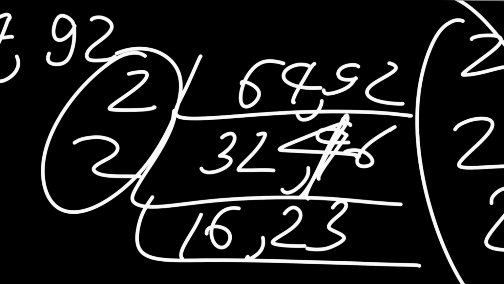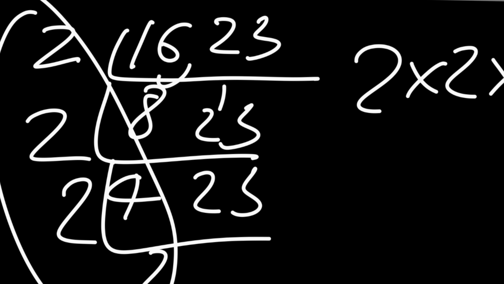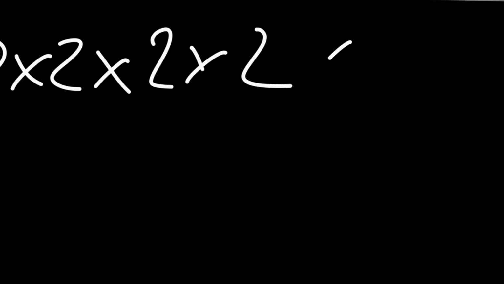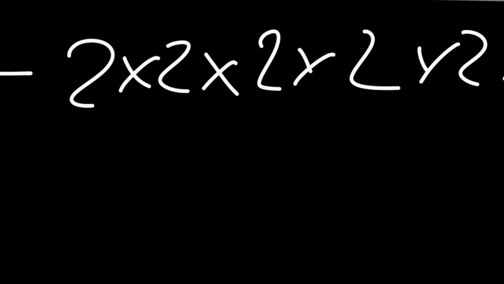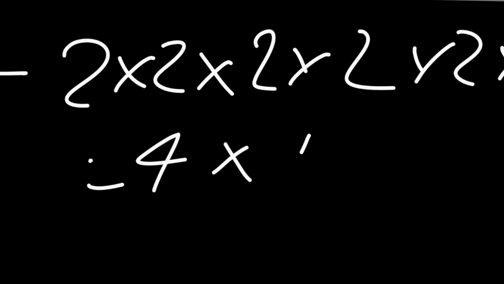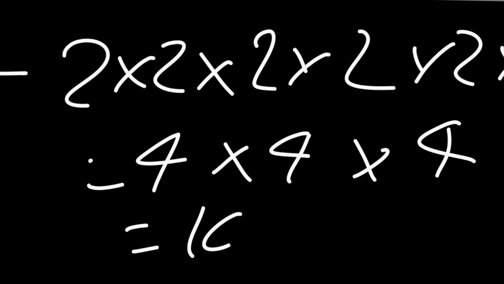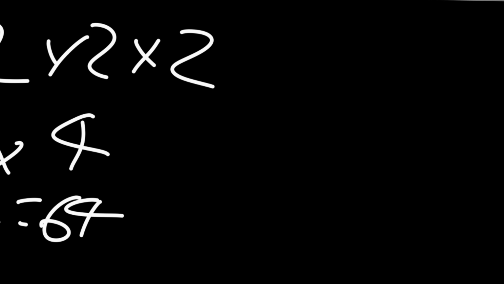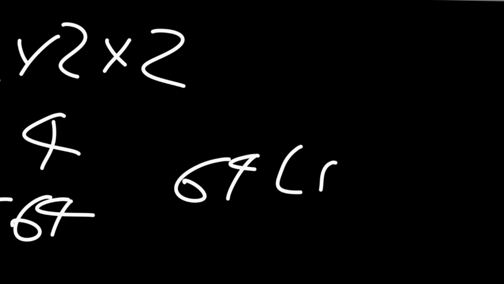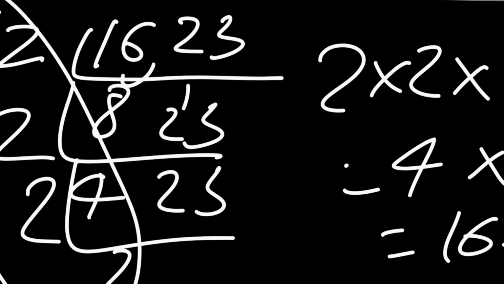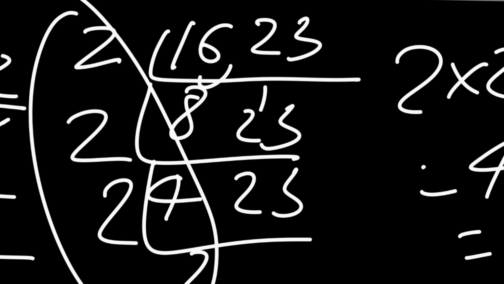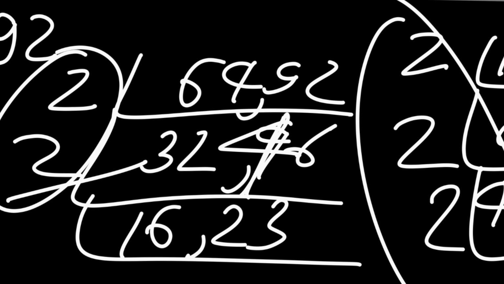How many 2s are there? 2 here and 4 here. This will give us the answer 64. 64 is the LCM of 64 and 92.